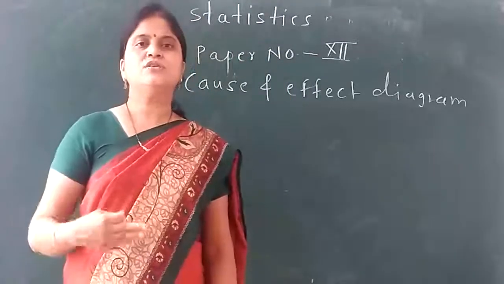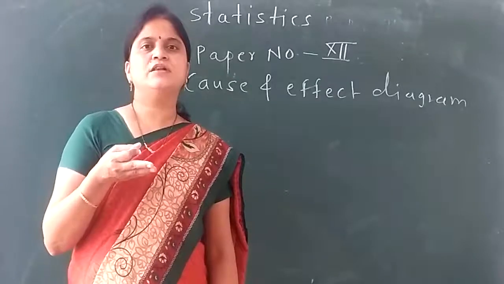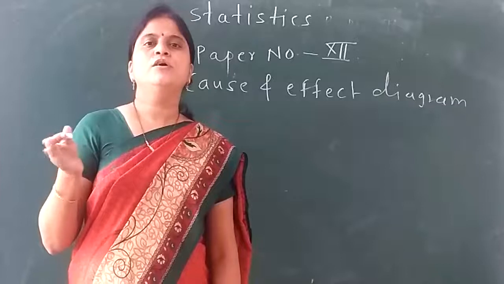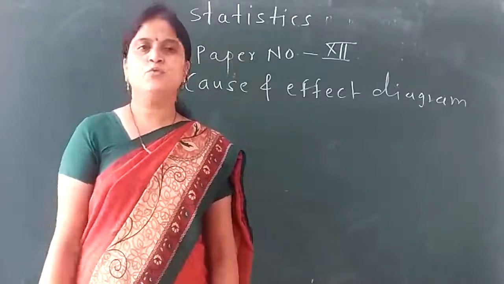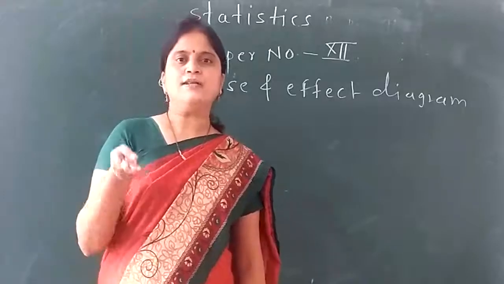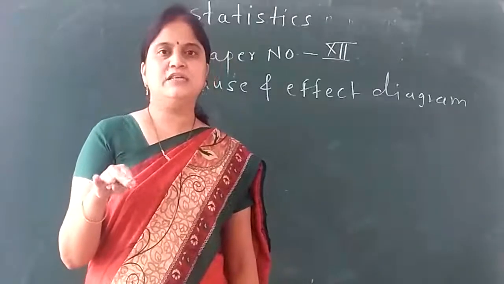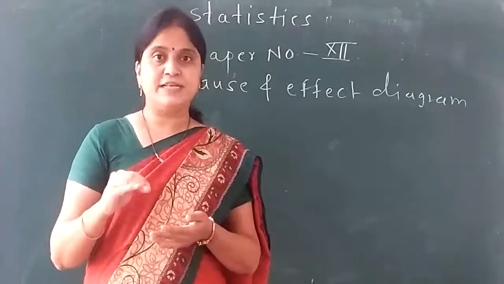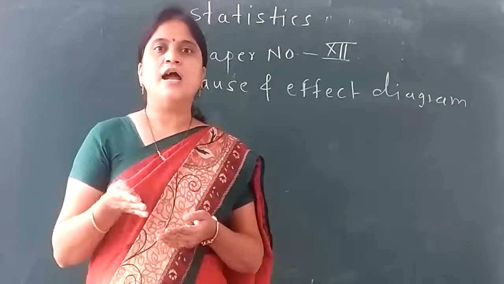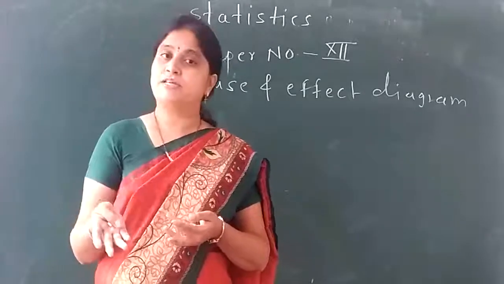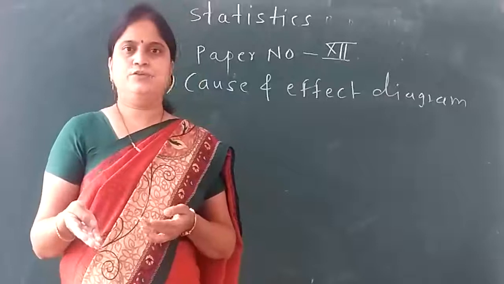In the correlation topic, we will see the causal and effect relation of two variables x and y. Suppose I have one defect present in my process. Then what it is present because of is the cause, and the effect of that particular cause is that the defect is present. That is my effect.